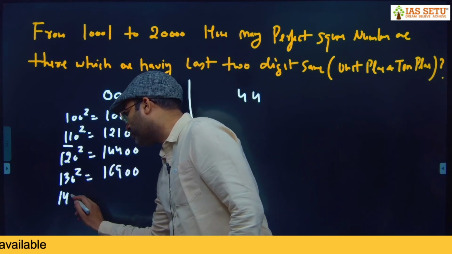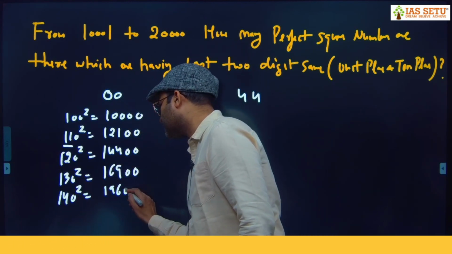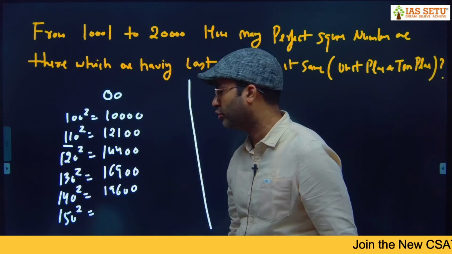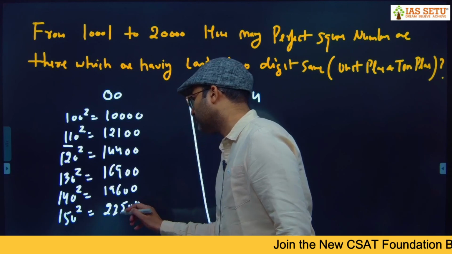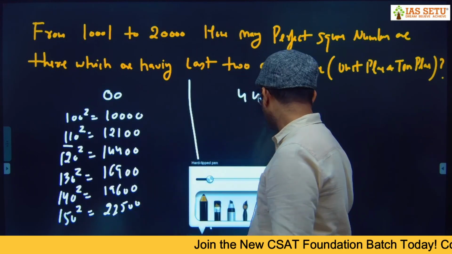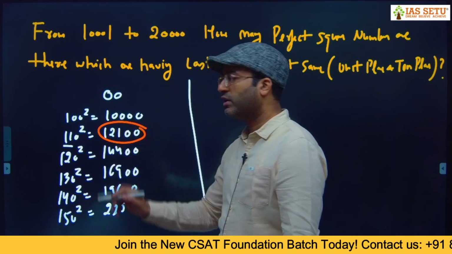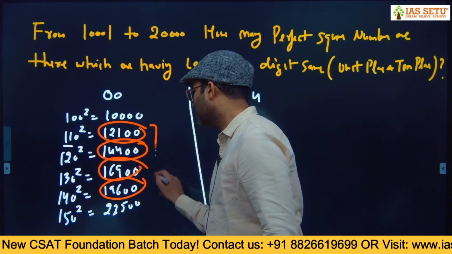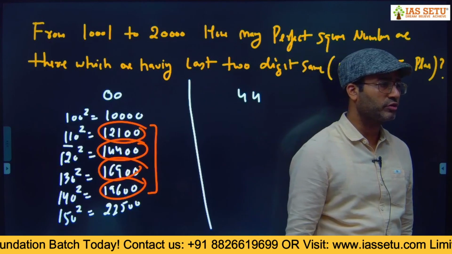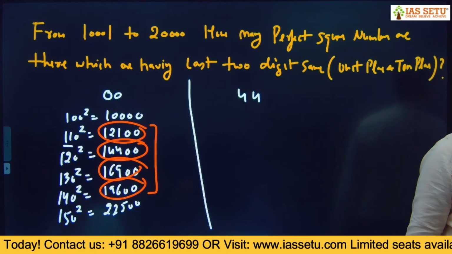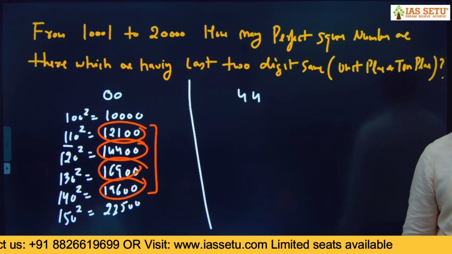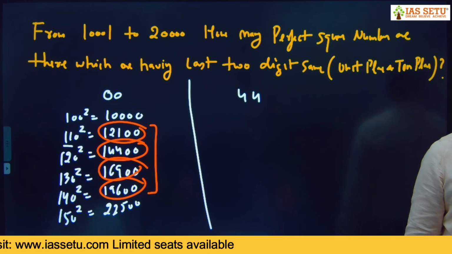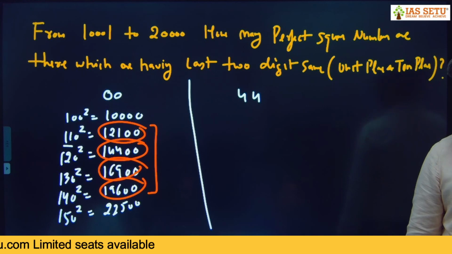What about 140 square? 19600. What about 150 square? What is 15 square? 225. Will it help? No. So here, these numbers will help you. There are 4 numbers: 110 square, 120 square, 130 square, 140 square will help, because other numbers are either smaller than 10,001 or bigger than 20,000.